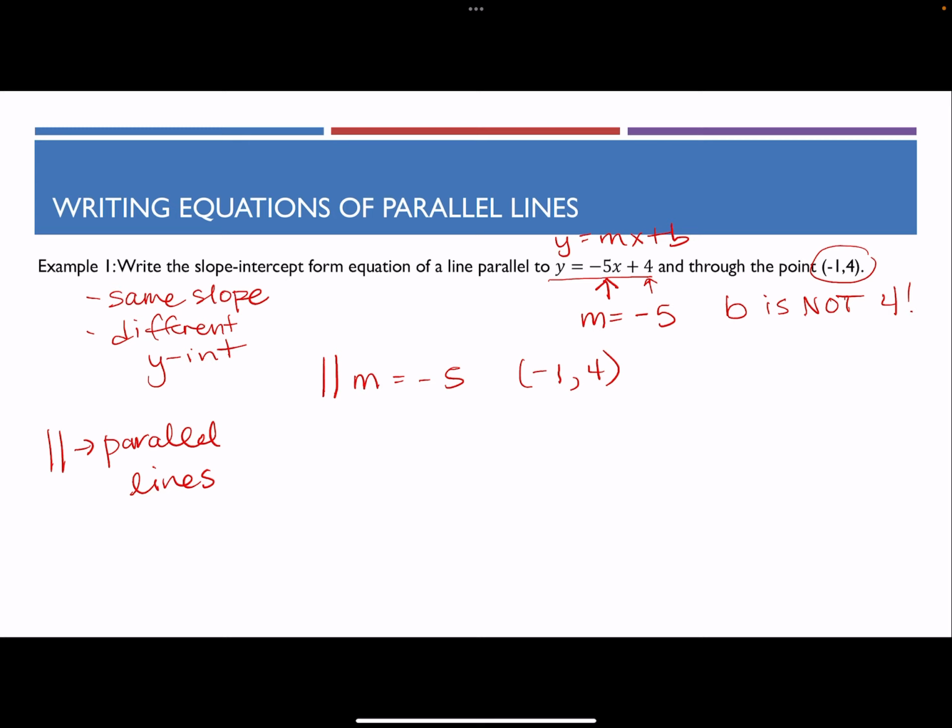Now this should look just like the problem in the warm-up. We take this information and plug it into y = mx + b.